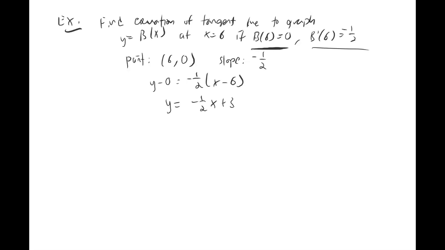But by the way, I think WebAssign wants you to write it in the form mx plus b. So if this wasn't 0, you would move it to the other side, at least that's what I would assume. Okay.